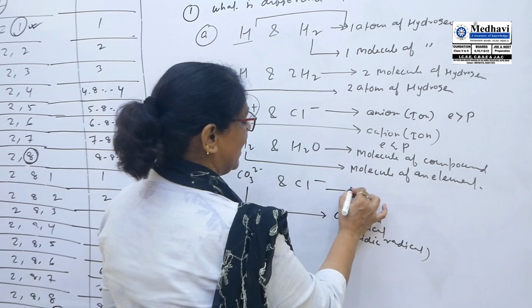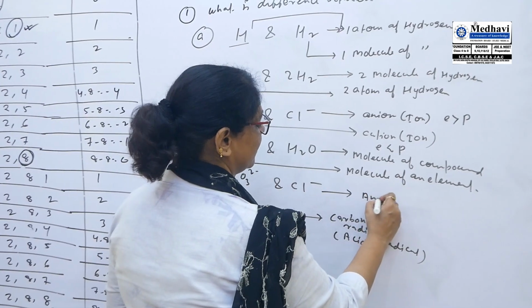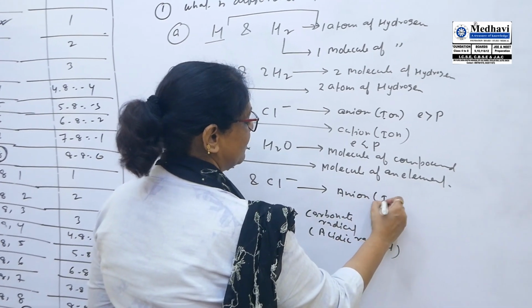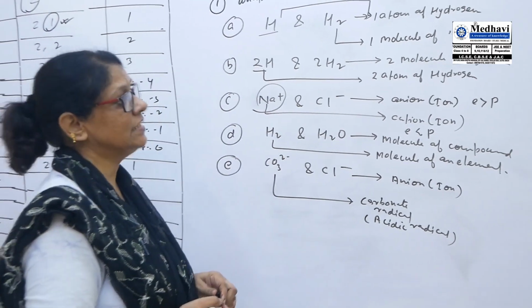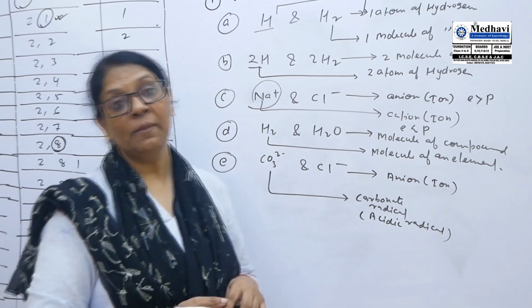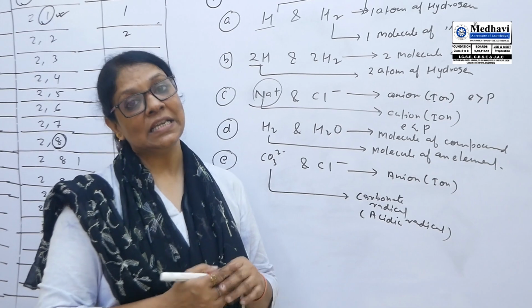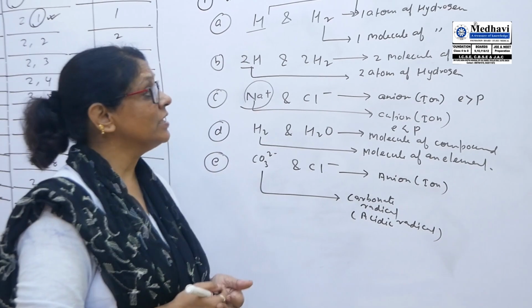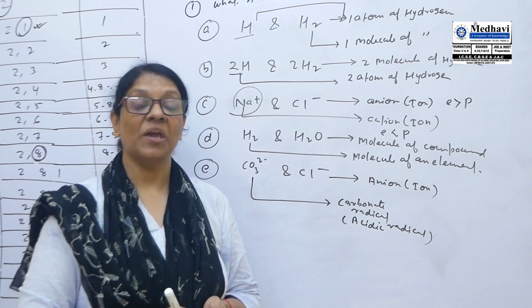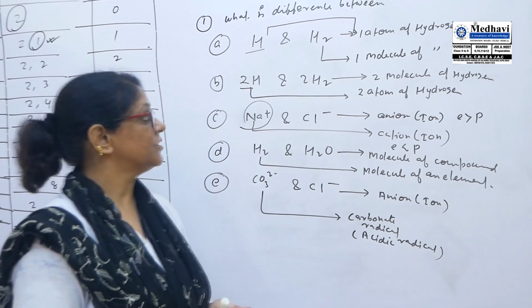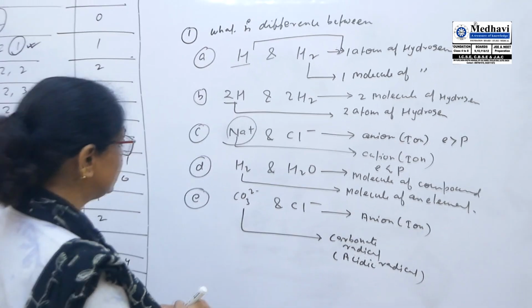This is known as an anion, or you can simply say ion. So these questions are very important to improve your concepts related to atomic structure, language of chemistry and other chapters. Now I am giving some more questions.